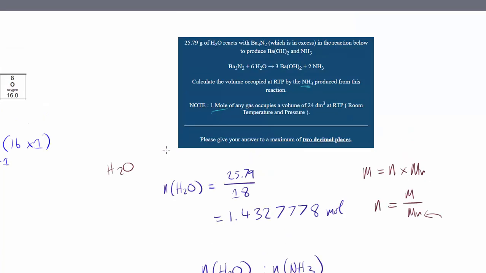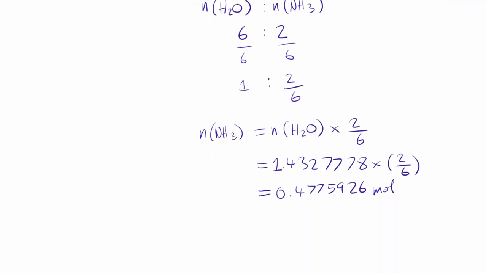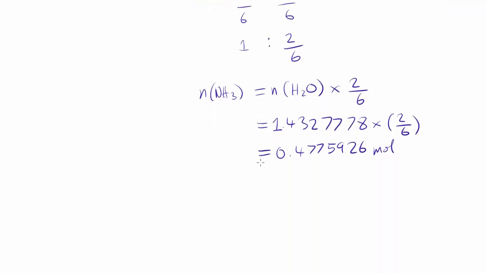What did the question tell us actually? The information we have is that for every mole of the gas, we're going to have a volume occupied of 24 decimeters cubed. And what this means is if we multiply the given number of moles by 24, we're going to get the value for the volume occupied by that gas in decimeters cubed.